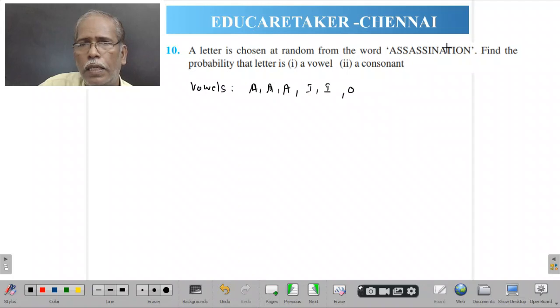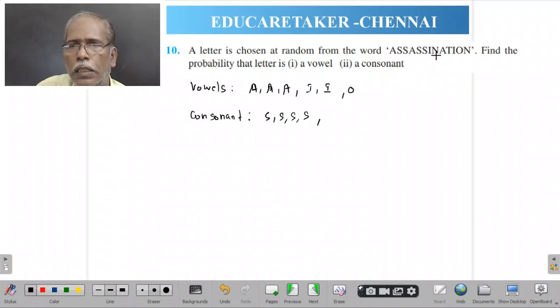The rest of the letters from the word assassination are consonants. Consonants: 1, 2, 3, 4, S occurs 4 times. Then 2 N's, and 1 T. So the number of letters in assassination: 1, 2, 3, up to 13.